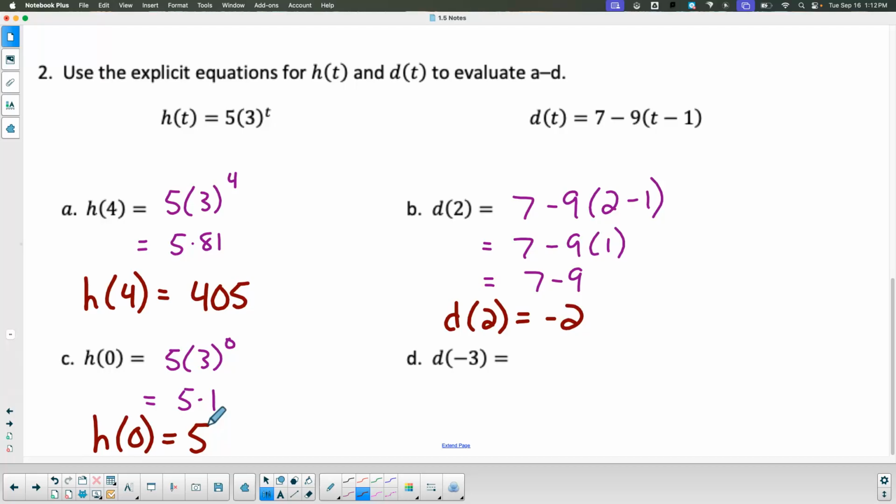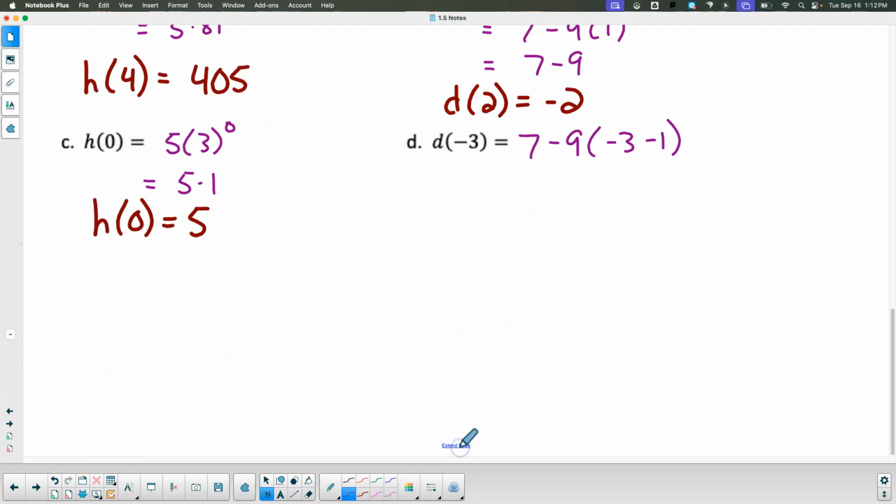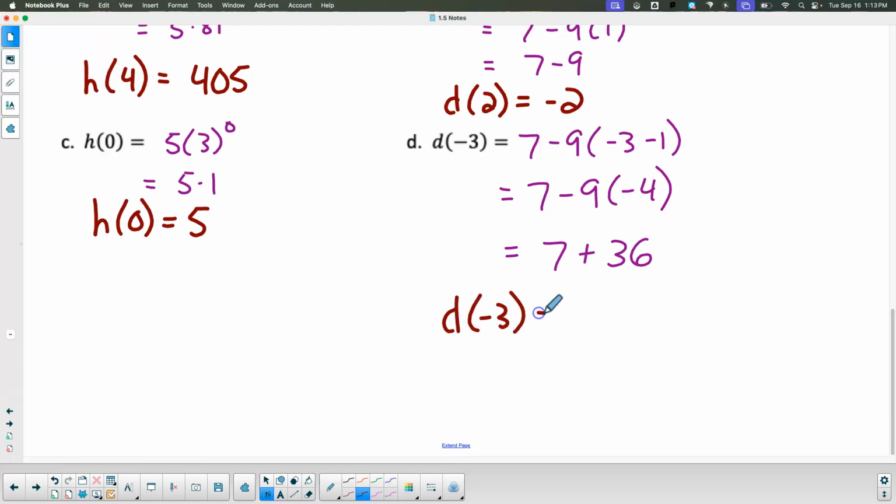D of -3, so that's going to be 7 minus 9 times (-3 minus 1). -3 minus 1 is -4. -9 times -4 is? Oh, positive 36. Negative times negative is positive, so then this becomes 7 plus 36. 7 plus 36 is 43.